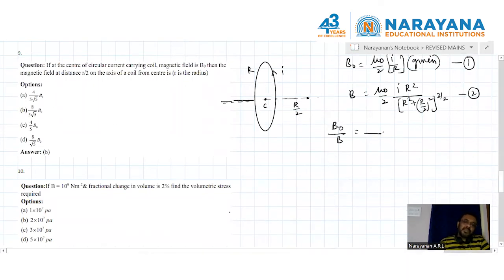In this question, you are given bulk modulus and the fractional change in volume, and you need to calculate the volume.